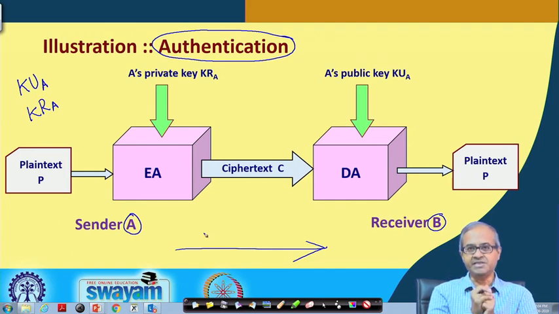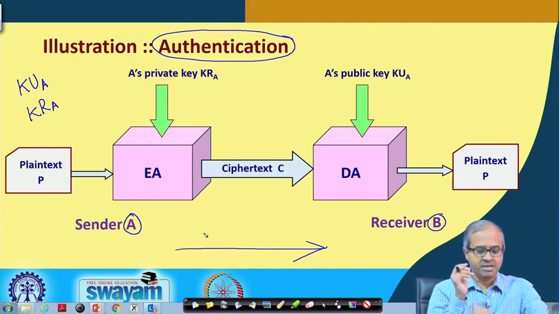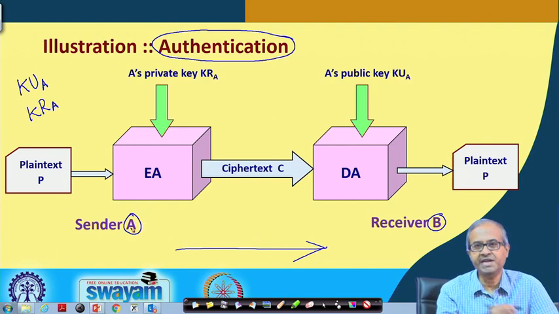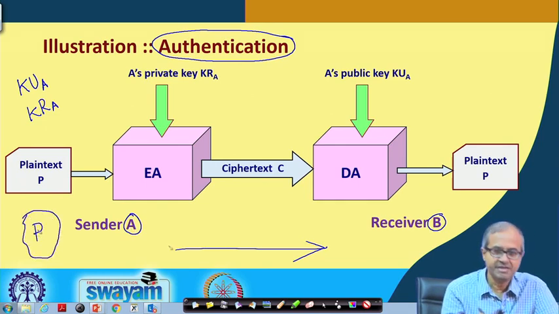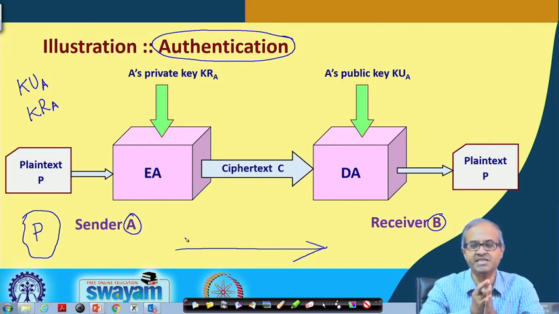Now, let us imagine a situation. Suppose A wants to authenticate itself with B. So, what A will do? Let us say A chooses a random text P. This P can be a Shakespeare's poetry, a Shakespeare's text, let us say. So, anything which is legible, which someone can read and understand.